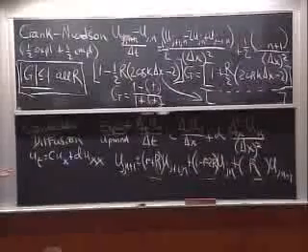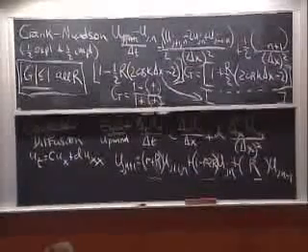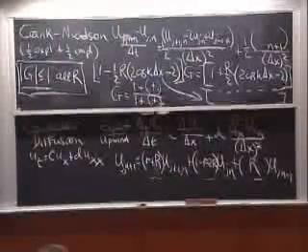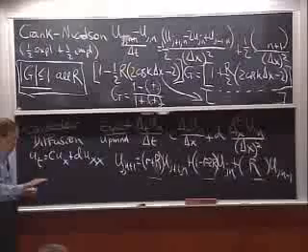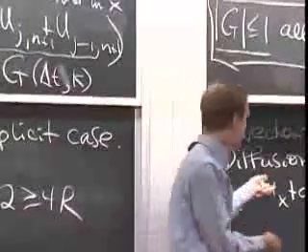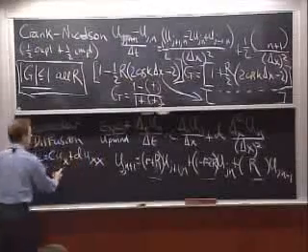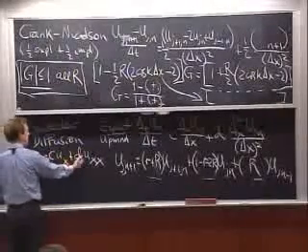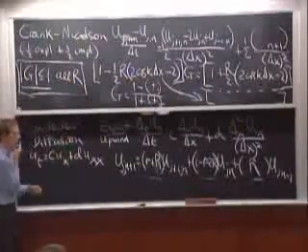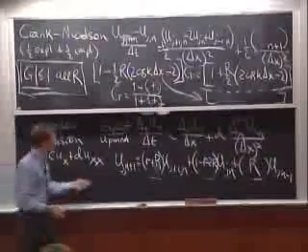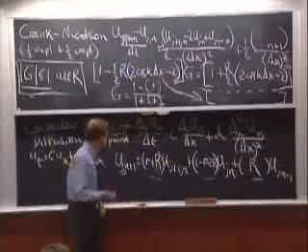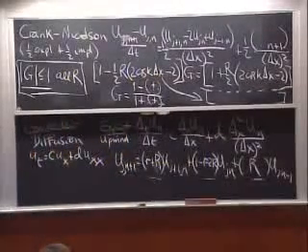They should add to 1 because if u j 0 is a constant, if I'm starting from a constant function, its x derivatives would all be 0. If I had u equal constant, then the x derivatives would be 0, so the time derivative would be 0, so that constant would stay forever. And so I would want to get the same constant out from constants going in. And so the coefficients should add to 1.